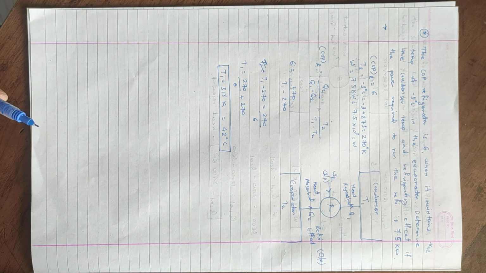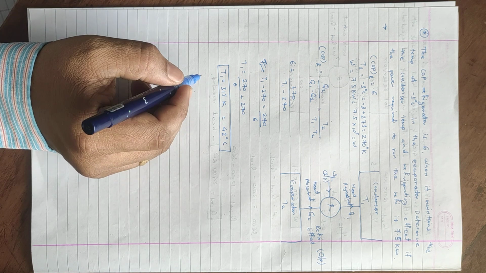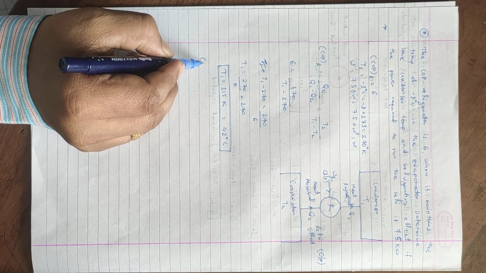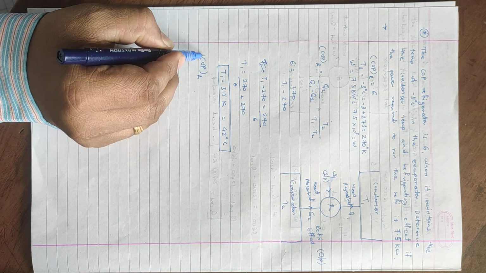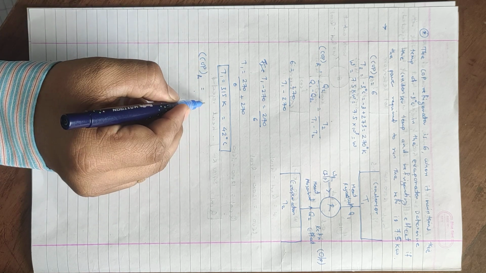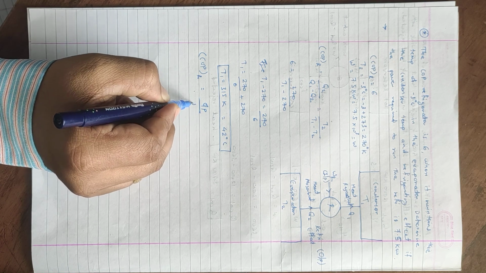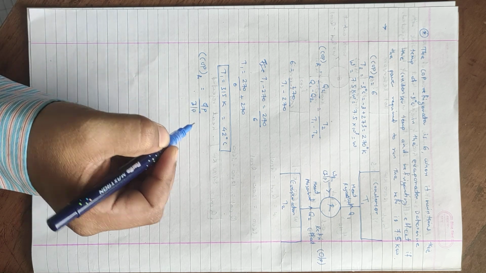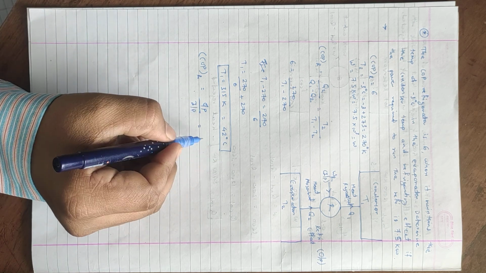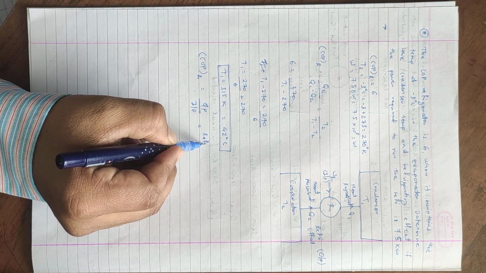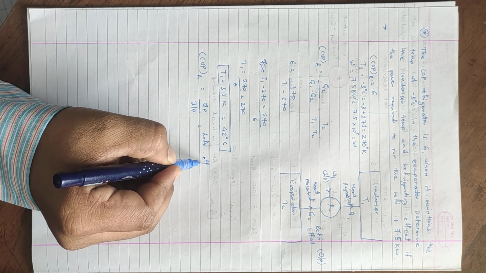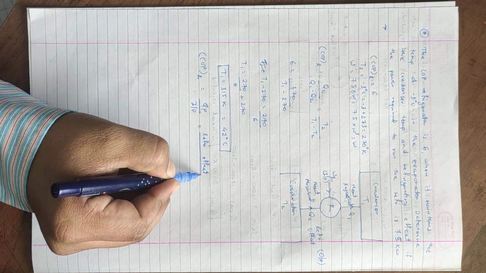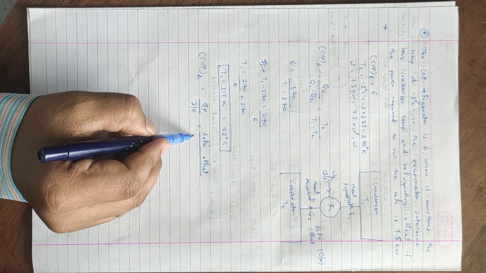Now what next do we want to calculate? We want to calculate the refrigerating effect. So for that, COP of a refrigerator is equal to output upon input, isn't it? And what is our output? Output is nothing but the refrigerating effect upon the work supplied.